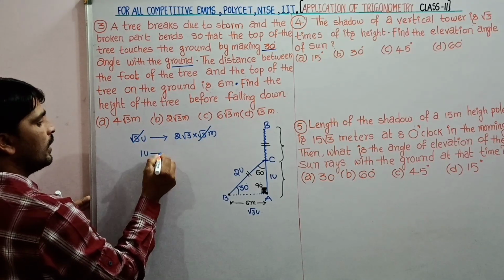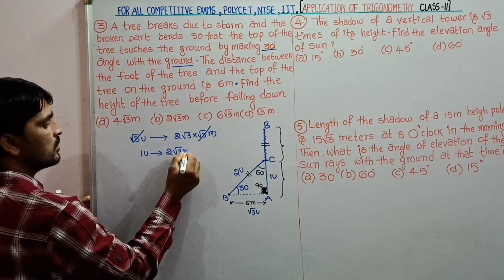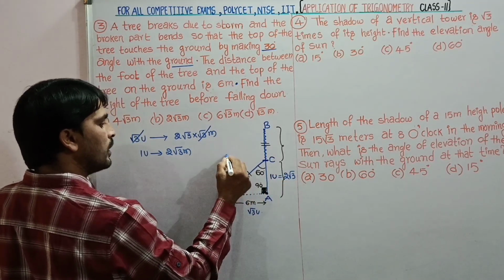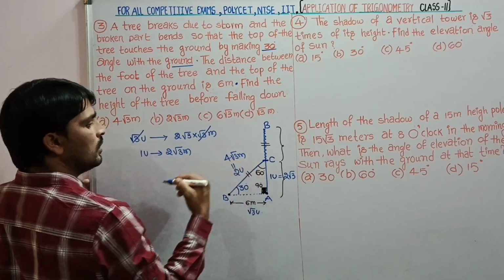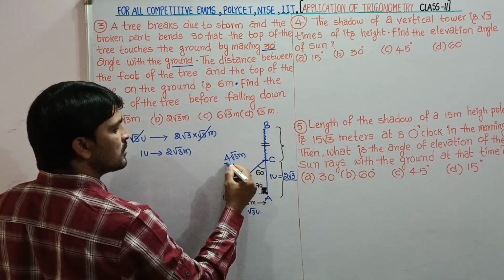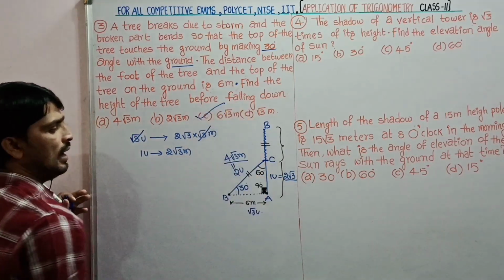Then 1 unit value is 2 √3 meters. Then 2 units value is 4 √3 meters. Before falling down, the height of the tree is 2 √3 plus 4 √3. 6 √3 is the answer.